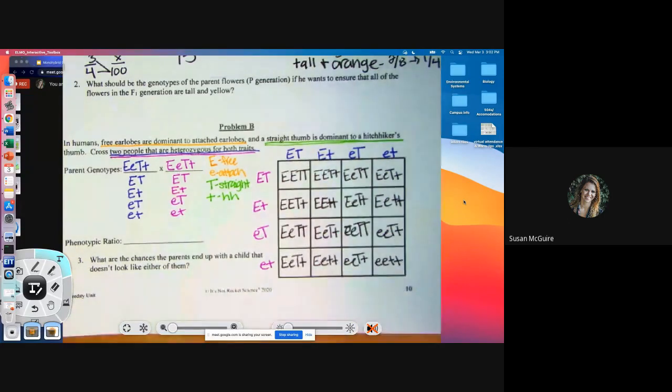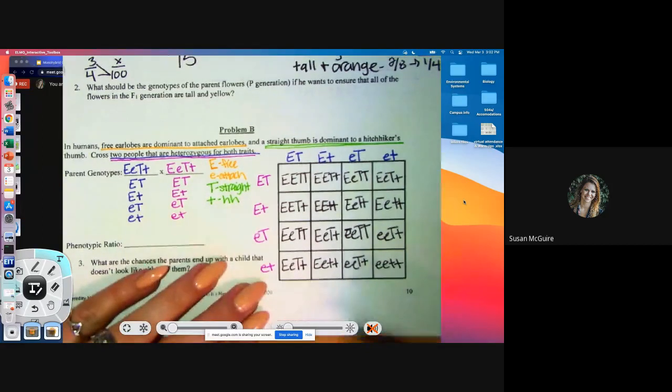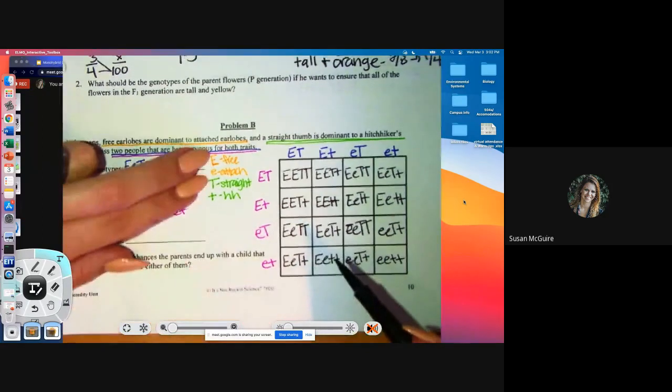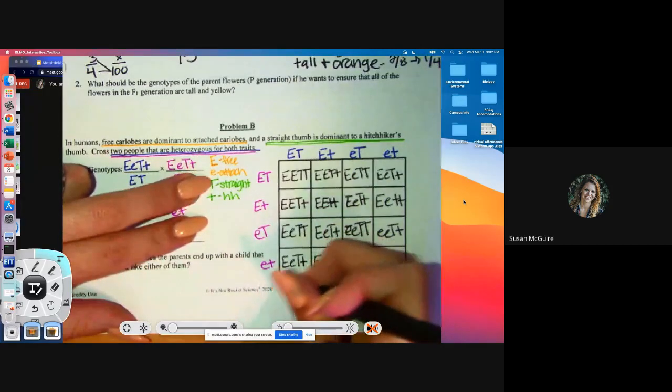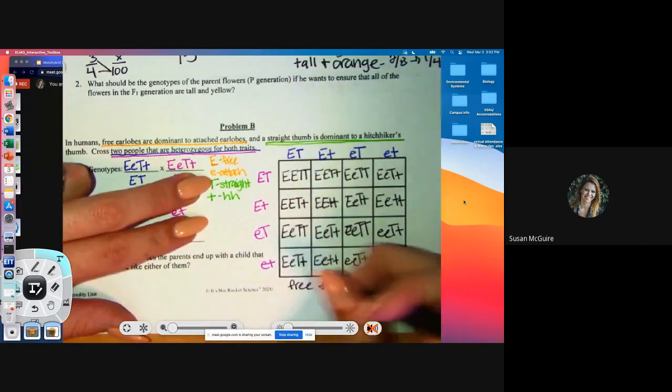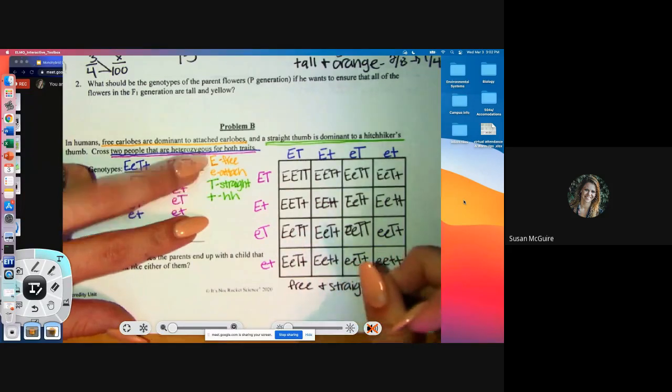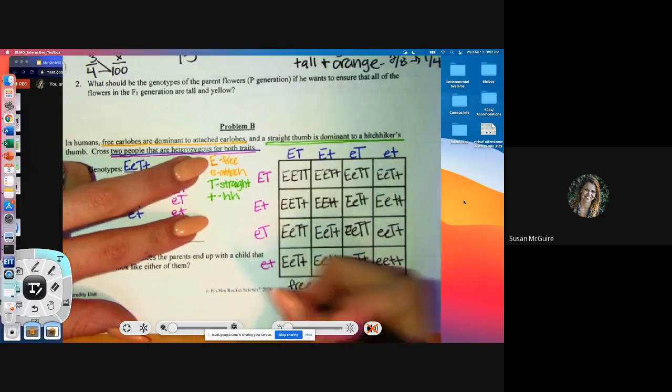Right. So that one you do have to fill it in all the way. Our possible genotypes, or phenotypes, my bad, would be free and straight. Free and hitchhikers.